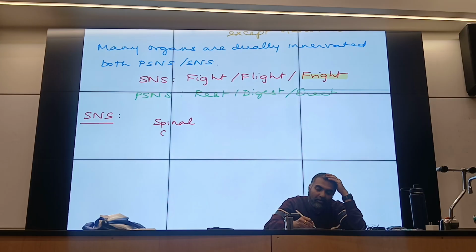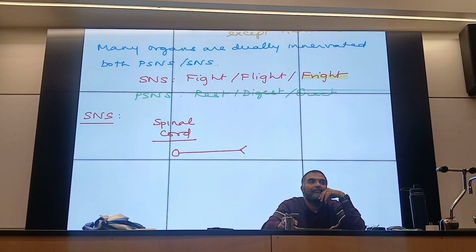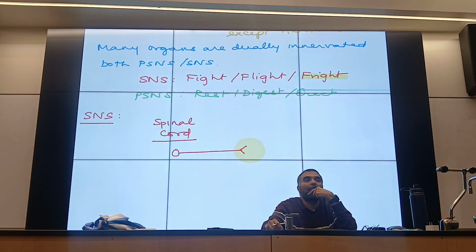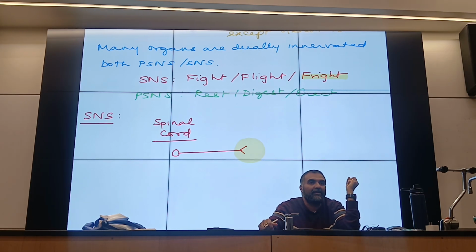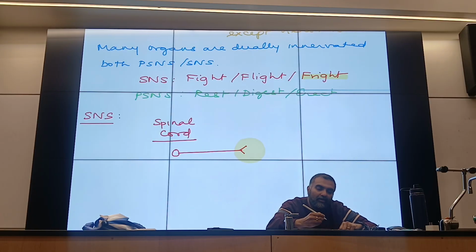And you have neurons in the spinal cord that will synapse with what's called, and I'm going to draw this in this light orange, the ganglion, because remember, what's a ganglion? It is a group of cell bodies outside the CNS, right? If you're outside the spinal cord, are you outside the CNS? Yes. CNS is spinal cord, right? If you're outside of it, you're outside the CNS. So this is a ganglion.